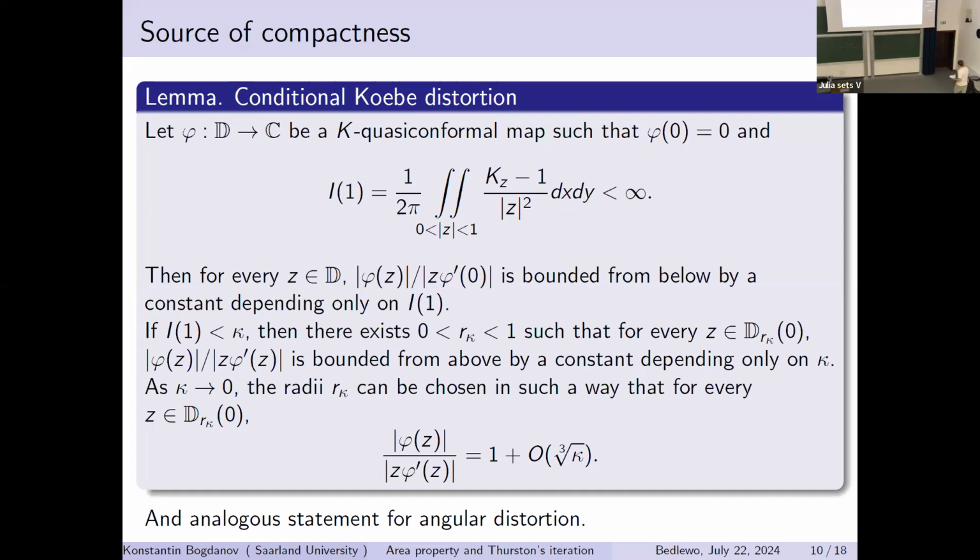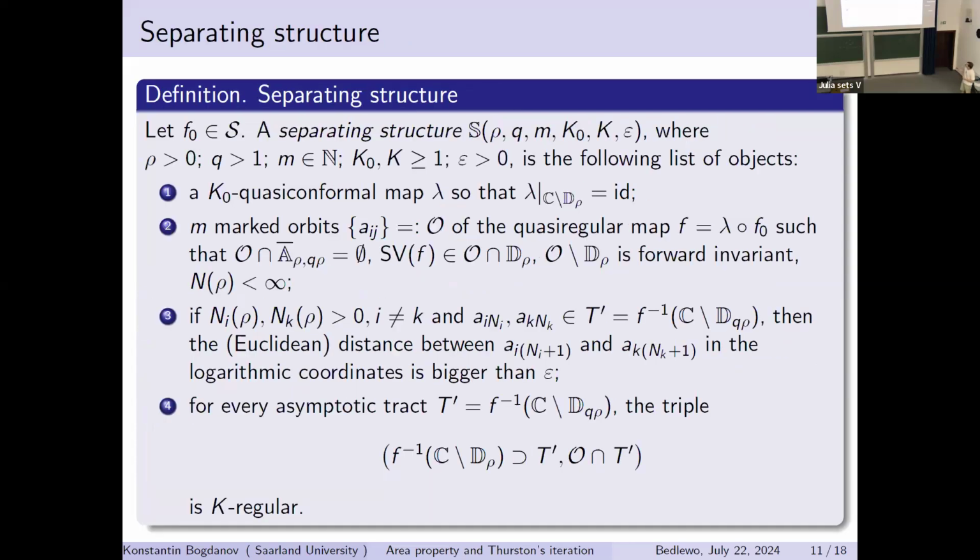One can prove it pretty easily. This is sort of the Köbe estimate, this Köbe distortion.